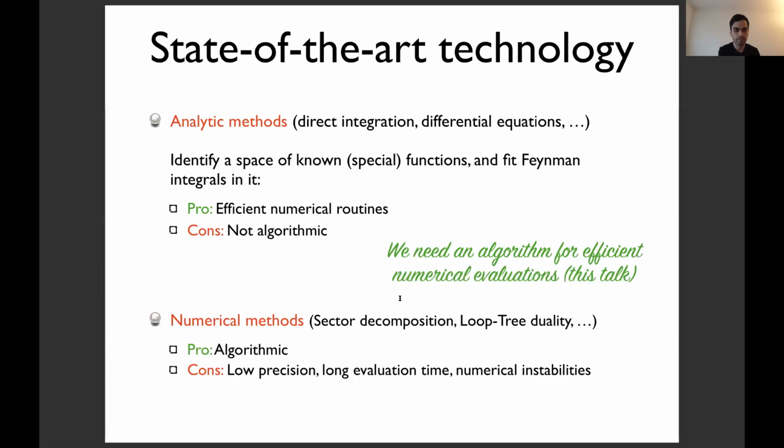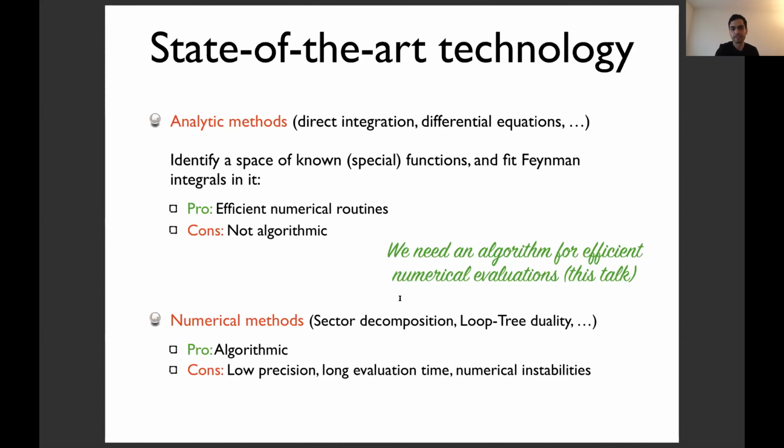The advantage of these methods is that they are, roughly speaking, algorithmic, in the sense that you can use your favorite code, you press a button, and you obtain the value of the integrals at a particular kinematic point. The downside is that typically these results have relatively low precision, and moreover, they require a long evaluation time. So they are not ideal candidates if we want, for example, to perform a Monte Carlo phase space integration.